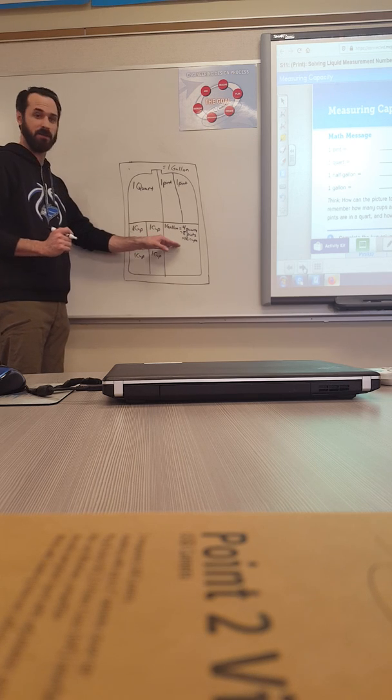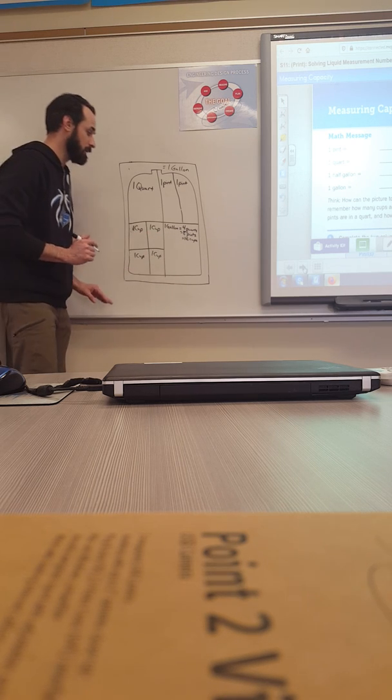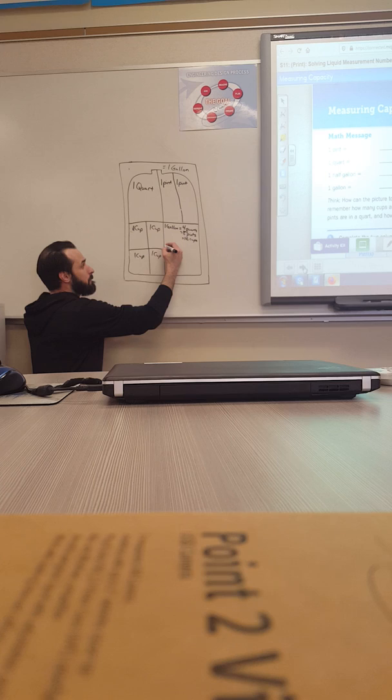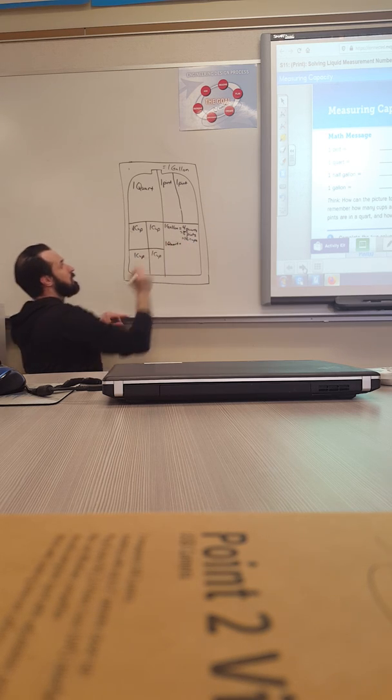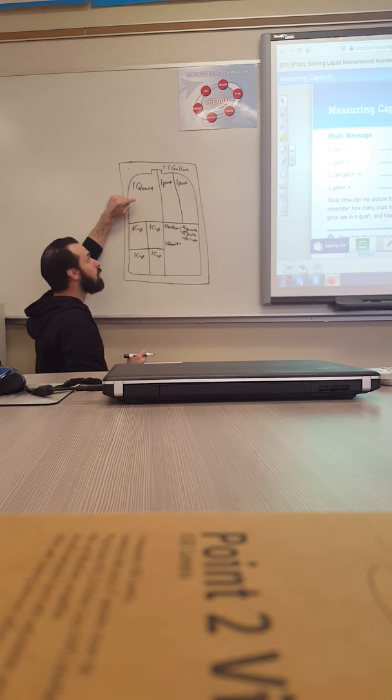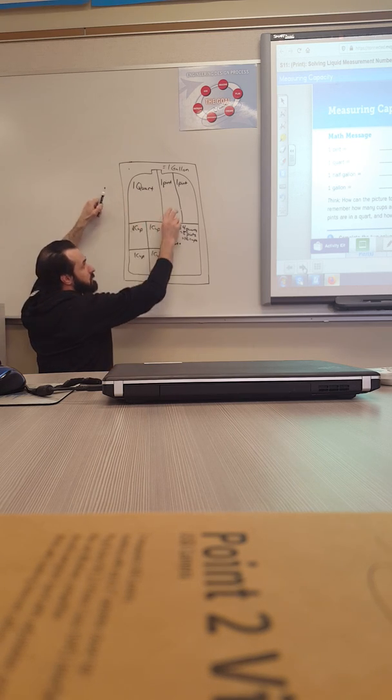But we also want to have these conversions for the other pieces. So, for example, what is 1 cup equal to? Oh, excuse me, not 1 cup. My mistake. Let's go with quarts first. 1 quart. So now if you look, 1 quart is going to be equal to how many pints?